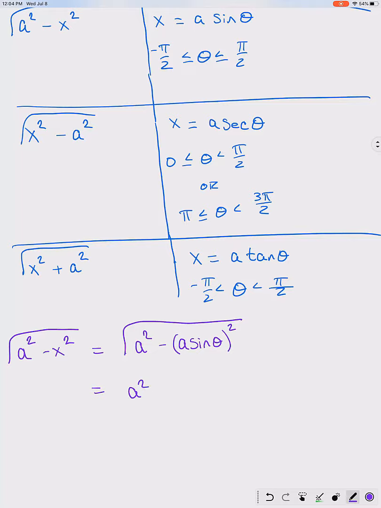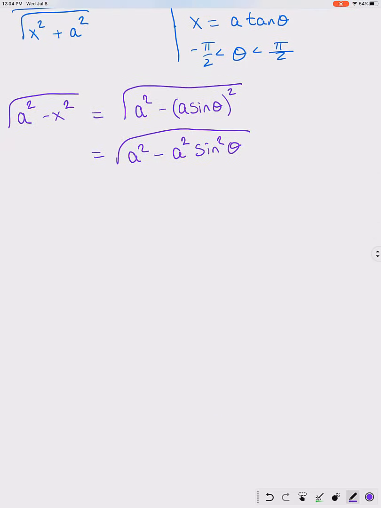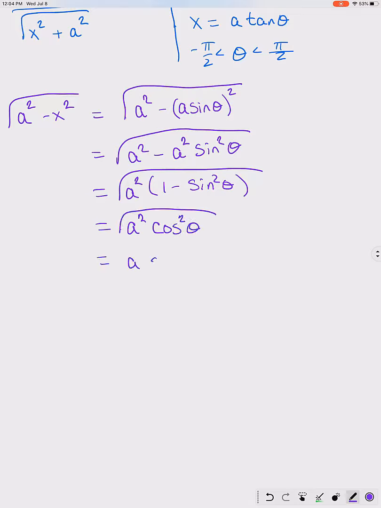Then that becomes a squared minus a squared times sine squared of theta underneath the square root, which becomes, if I factor out an a squared, 1 minus sine squared of theta. Then using Pythagoras' identity, I have a squared times the cosine squared of theta, which simplifies to a times the cosine theta, take its absolute value.